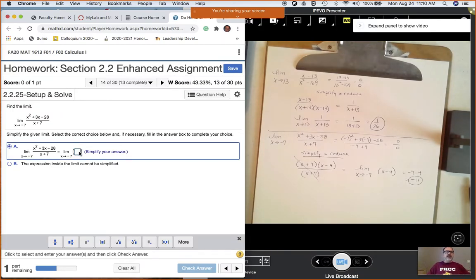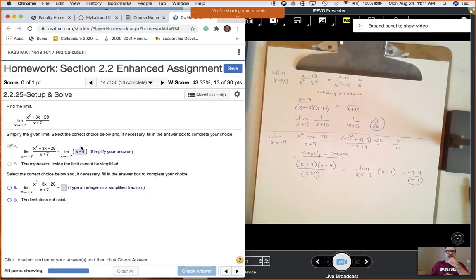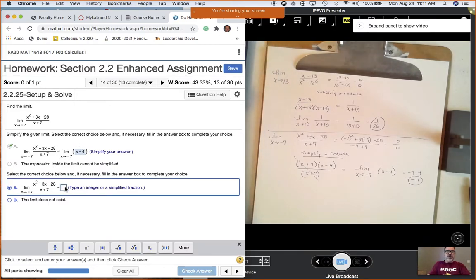Not ready for the answer yet. They want this one in pieces, so we'll fill in the x minus 4, and then we'll fill in the answer of -11.